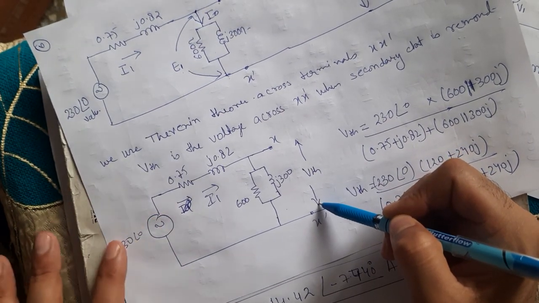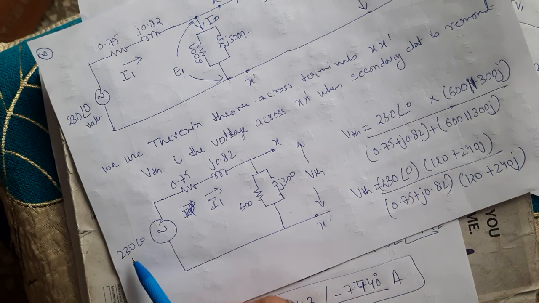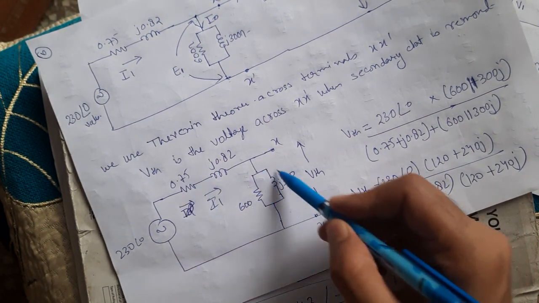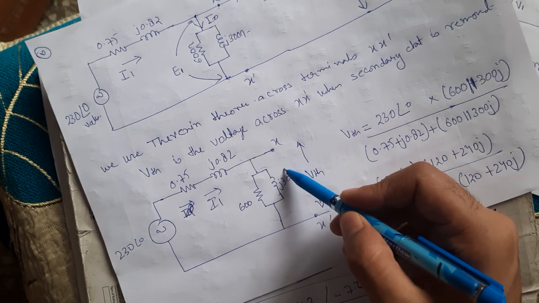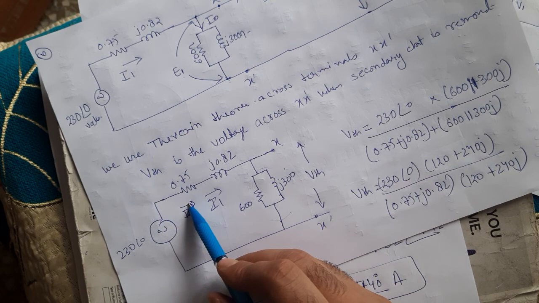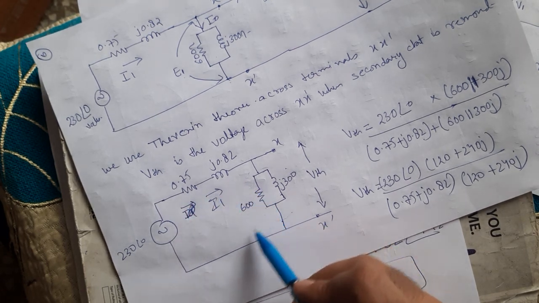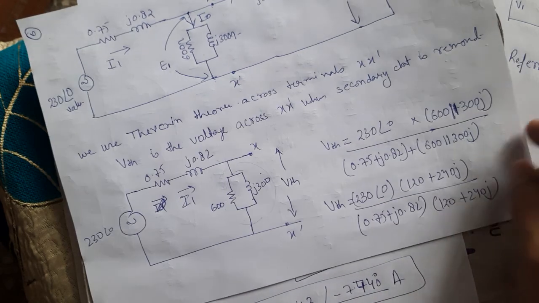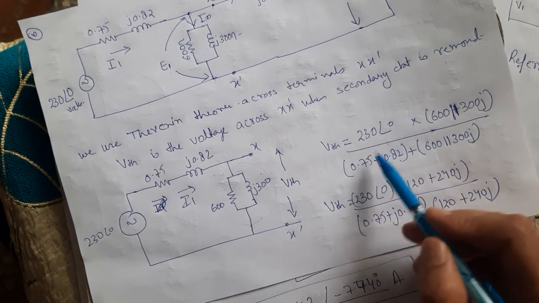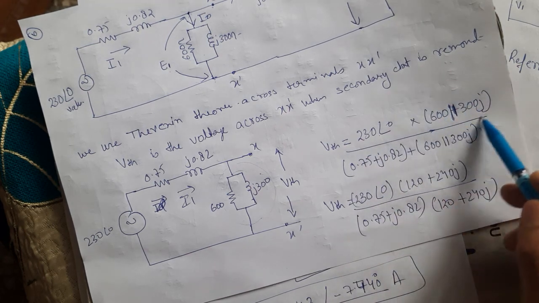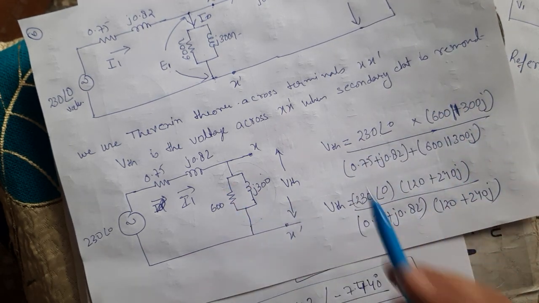VTH is the total voltage divided by the whole impedance of the circuit, which gives the current flowing in this circuit, multiplied by the impedance of this branch. That gives me VTH.